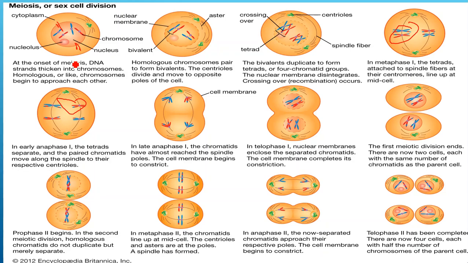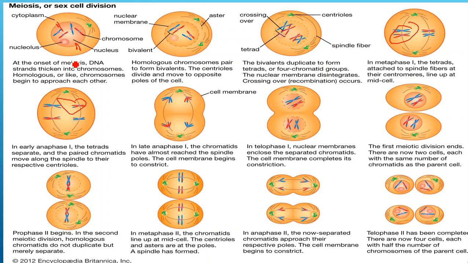The division of the nucleus is called karyokinesis, as we have studied in prokaryotes and eukaryotes as well, that karyon means nucleus and kinesis means division. Karyokinesis means division of the nucleus. So first of all, division of the nucleus takes place, then the cytoplasm division takes place.